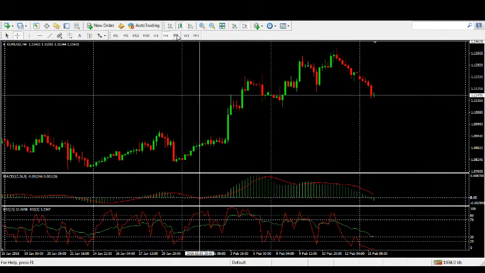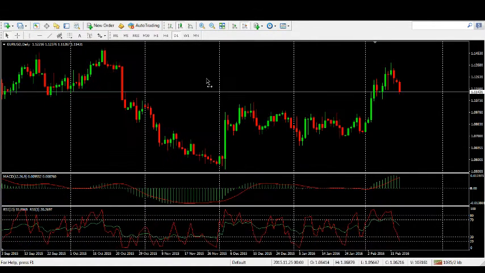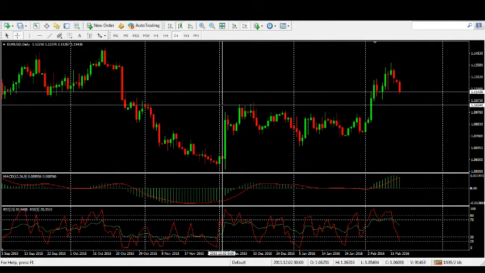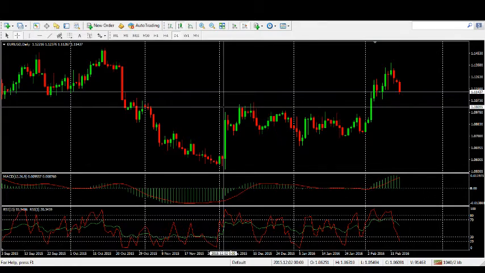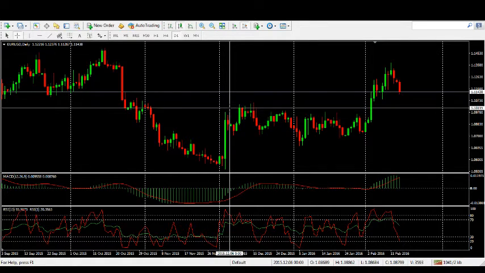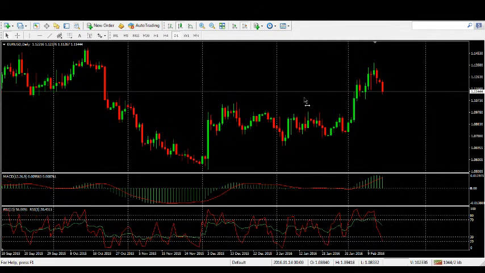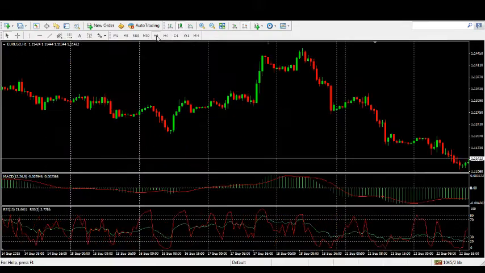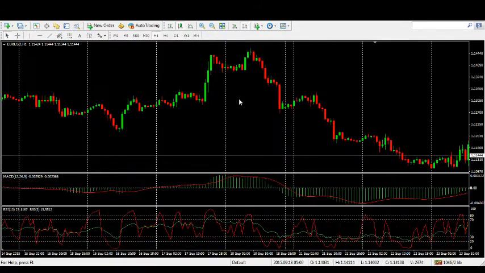If we go back to more psychological levels, 110 here, for example. This is 110.00 exchange rate of Euro USD, and I'm talking about a one week expiry.